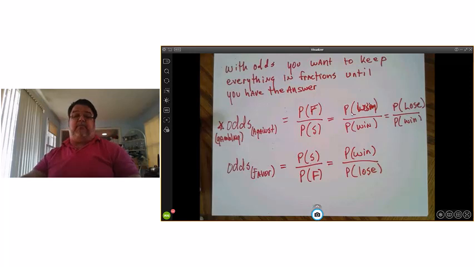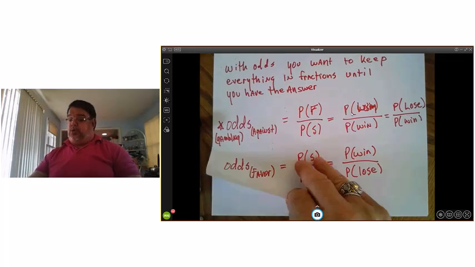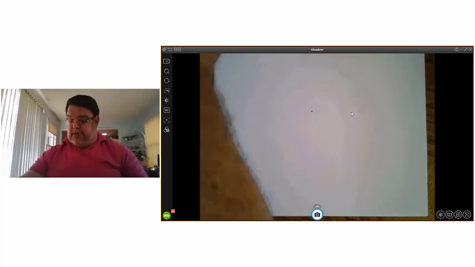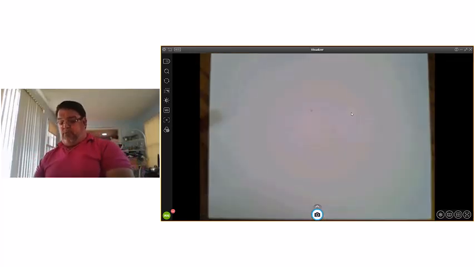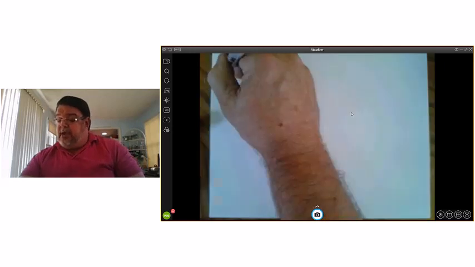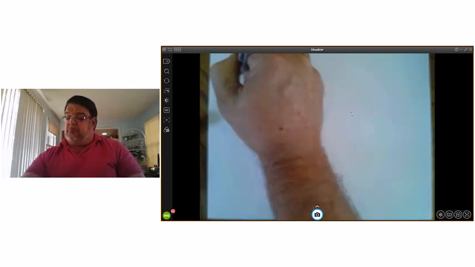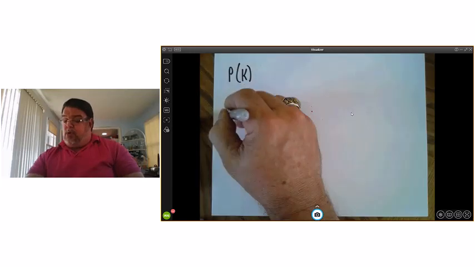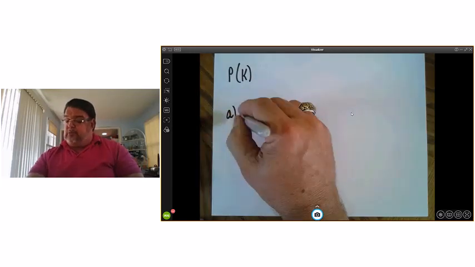Let's say that you have a deck of cards and you want to bet people on picking a face card. No, let's say a king. Probability of picking a king. And A, we want the odds against.